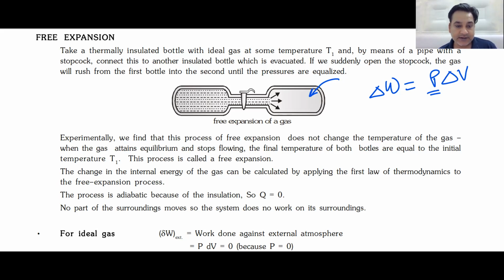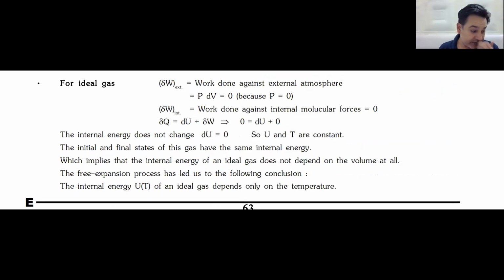Yes, sir. And this is what you should remember. For an ideal gas in a free expansion, there is no work done, there is no change in internal energy, and there is no heat given because no heat comes inside. If there is no heat coming inside, that means all three quantities would be 0. Do we understand this?